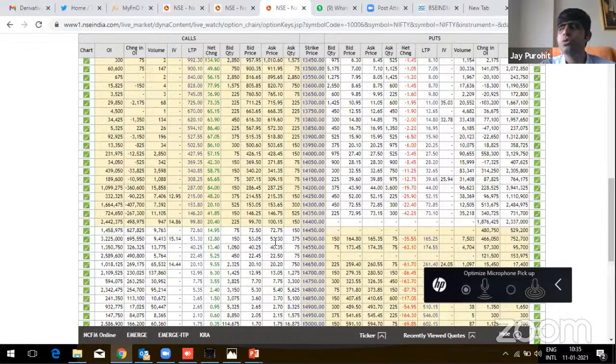Whenever you look at the highest OI activity or the change in OI activity, always consider the premium as well, at what premium they are writing and what they are getting, and this will help you find the proper range.